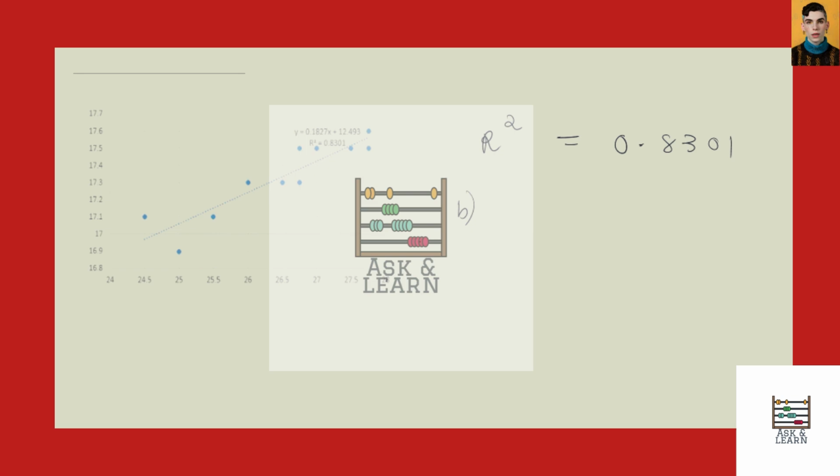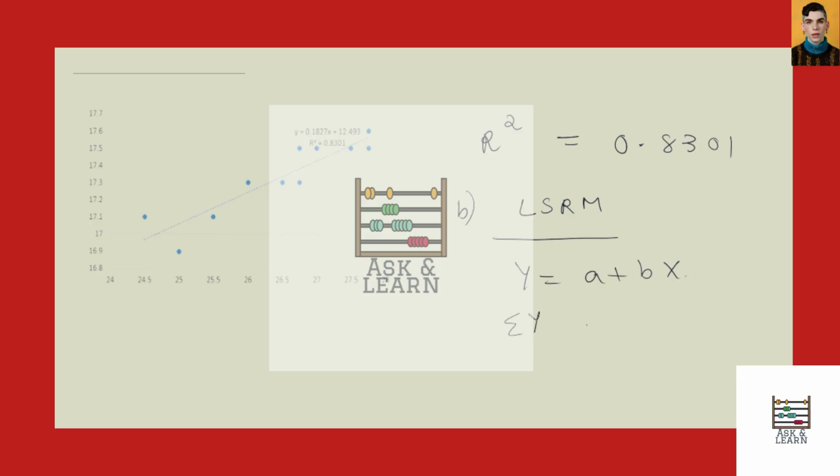The residual plot is based on the least square regression method. It is a standard approach in regression analysis to approximate the solution of overdetermined systems by minimizing the sum of squares of residuals. It is given by y equals a plus bx, where the variables are y and x, and a and b are constants.